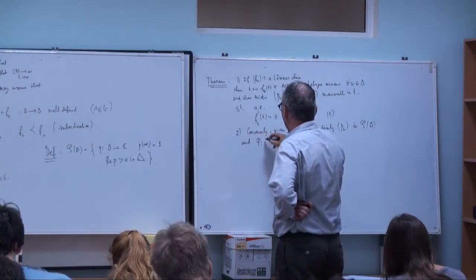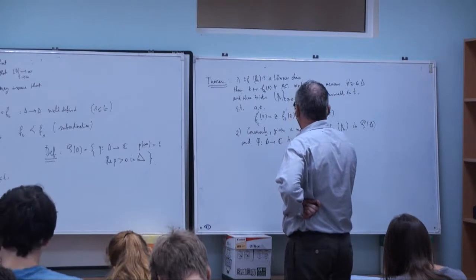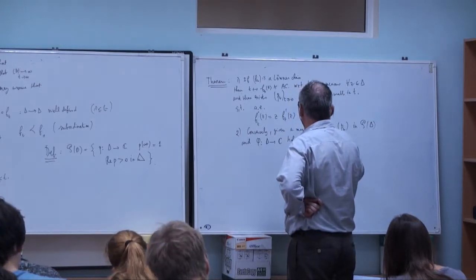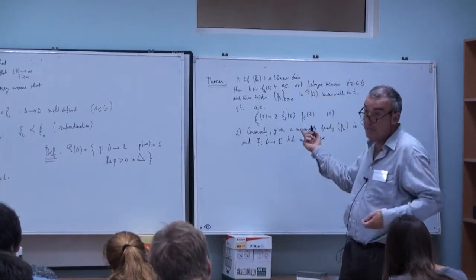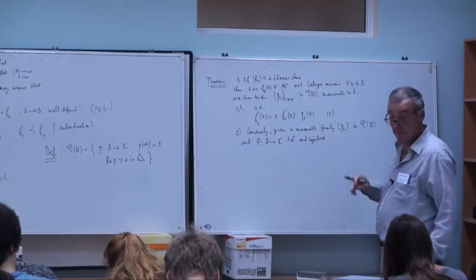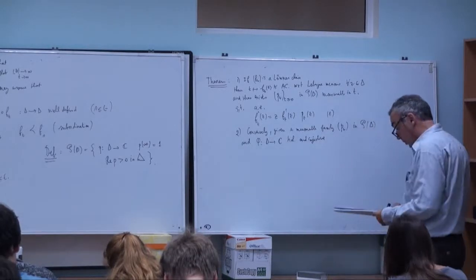And phi from delta to C holomorphic and injective. Think of phi being the identity, for instance. That would be the usual situation.